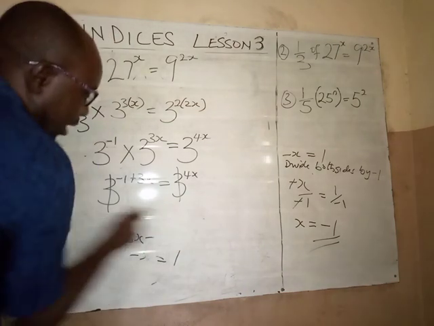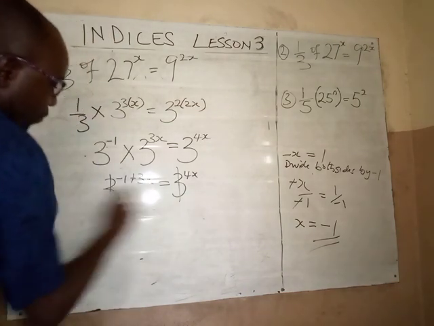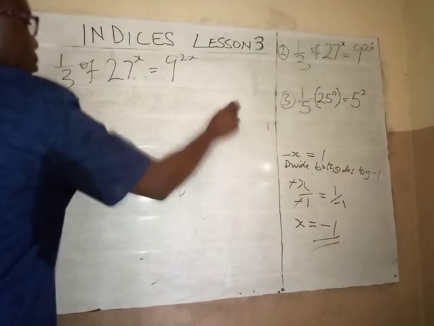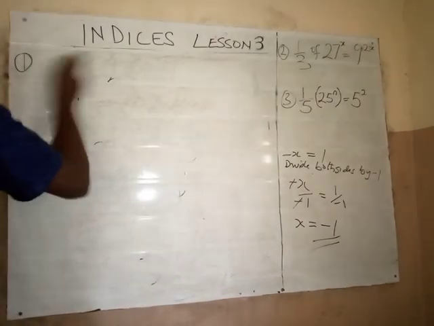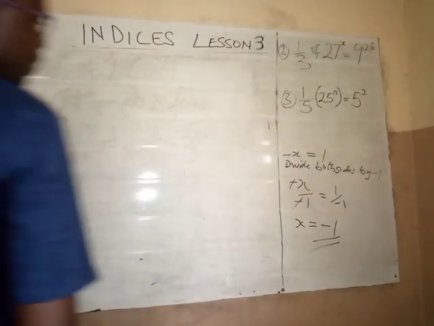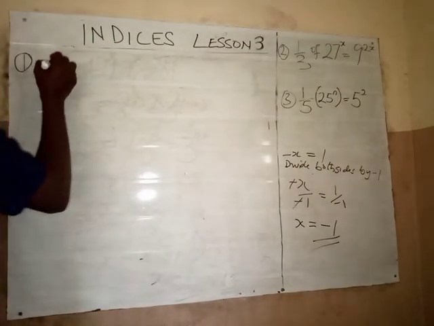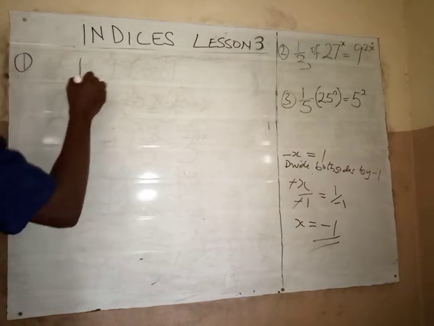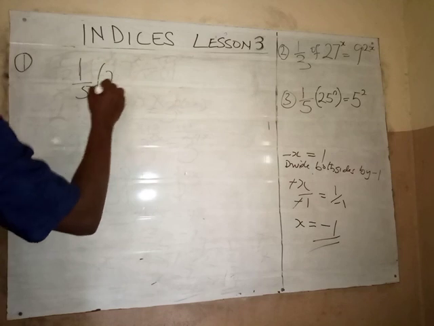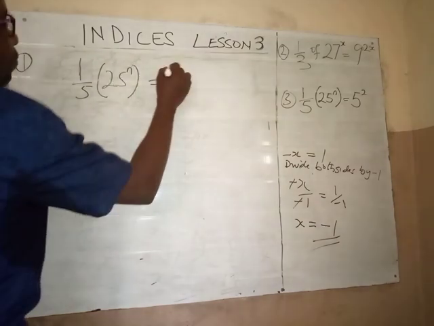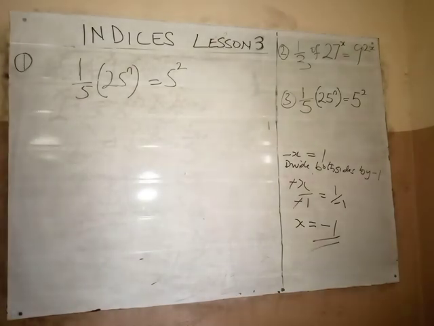Finally, we are going to look at the last question for lesson 3. It says 1 over 5 times 25 to the power of n equals 5 raised to power 2.